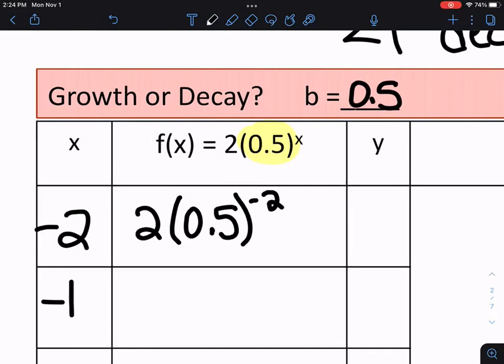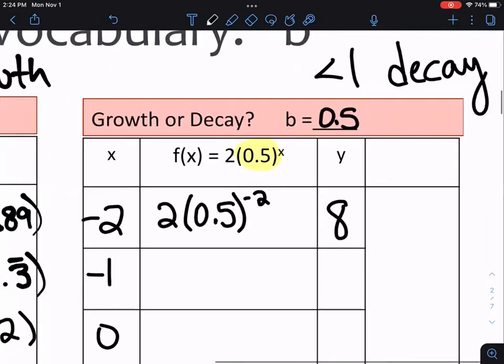You should get a value of 8. So that would give you the ordered pair -2, 8.